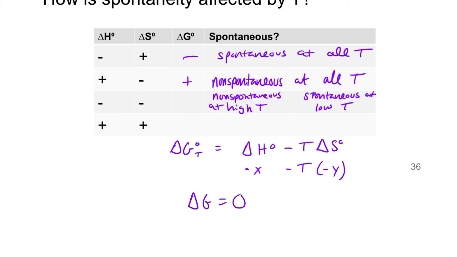When delta G equals 0, what's true? What have we done before? Let's go back to, let's think about this plot.